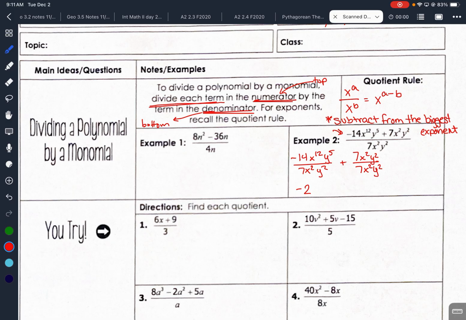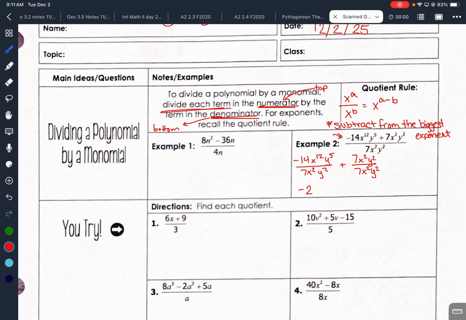They have to match, x's with x's, y's with y's. 12 is bigger, so 12 minus 2 is 10, so x to the 10th. 5 is bigger than 2 on the y, right? So 5 minus 2 is 3.